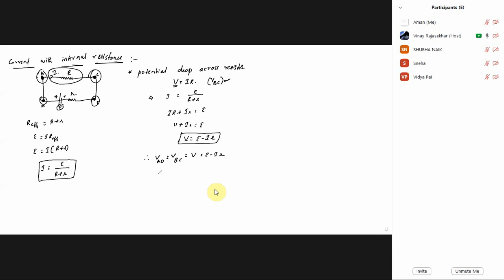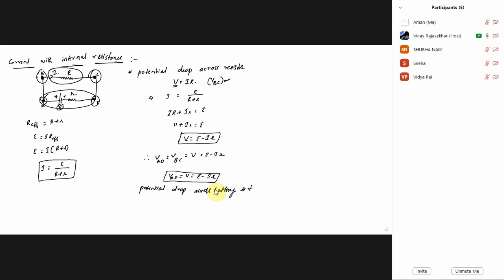This potential drop across AD is nothing but the potential drop across the battery. Please remember, the potential drop across the battery.